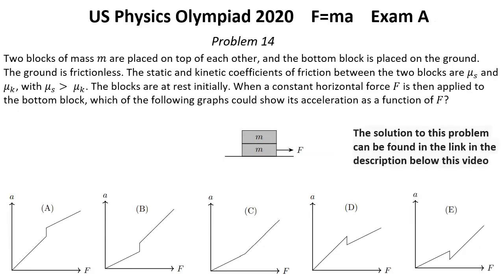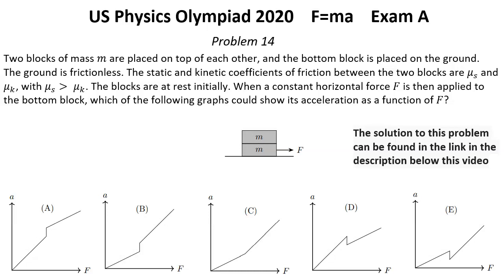Problem number 14. Two blocks of mass m are placed on top of each other, and the bottom block is placed on the ground. The ground is frictionless. The static and kinetic coefficients of friction between the two blocks are μs and μk, with μs greater than μk.